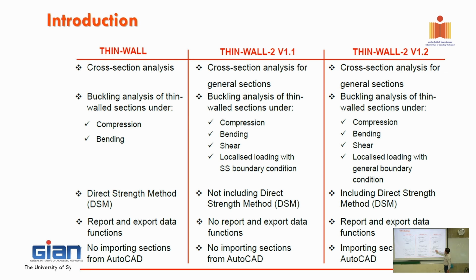Another thing is that in 1.2, we have one function to do everything for you, which means you can design based on the direct strength method. So you don't have to put in the DSM equation or check lambda and so on. You just put that in here, click the button, and it works it out for you.